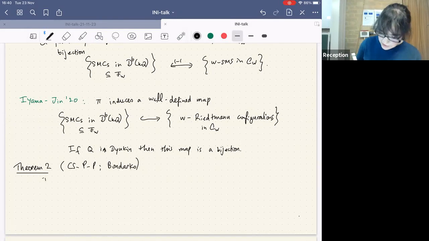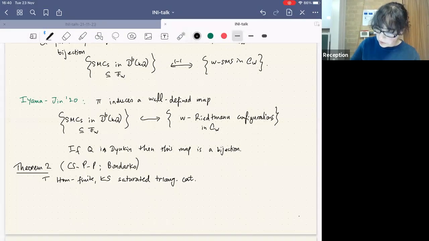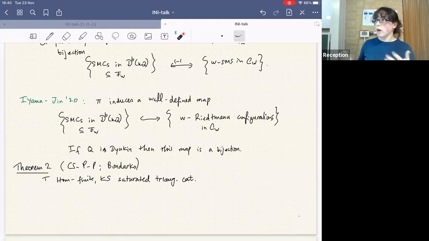Okay, so the setting here is Hom-finite, Krull-Schmidt, but I have to add, unfortunately, saturated triangulated category. And the definition is not important here. So an example, which is what matters for our context, is the derived category of an algebra with finite global dimension.